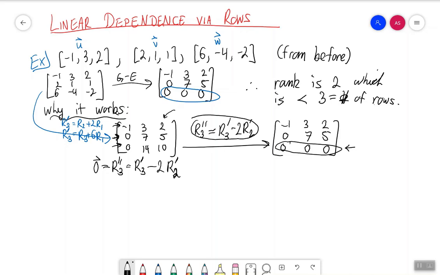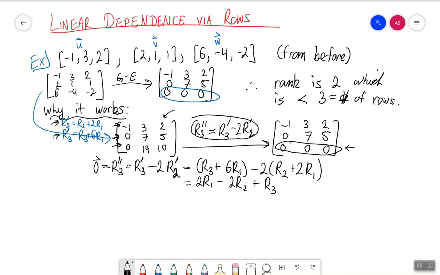Now I can use that I have row 2 prime in terms of row 2 and row 1 of the original matrix, and row 3 prime in terms of row 3 and row 1 of the original matrix, to give me row 3 plus 6 row 1 minus 2 times row 2 plus 2 row 1, which is equal, when I expand everything out and collect like terms, to 2 row 1 minus 2 row 2 plus row 3.